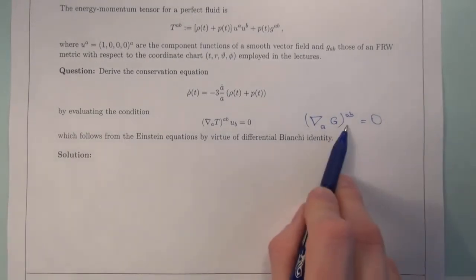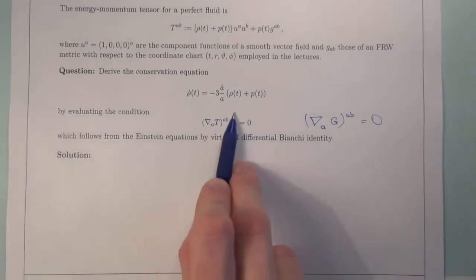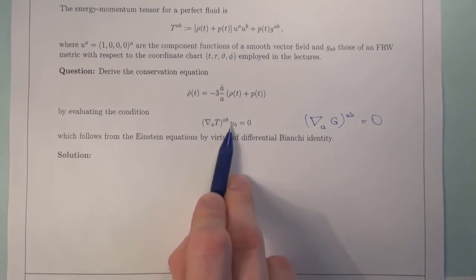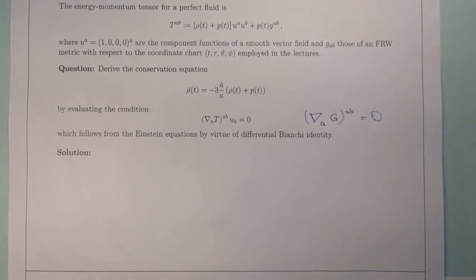And if this holds and the Einstein equations hold, then this holds without the U_B here, but adding the U_B will change nothing. But this will just make it a little easier for us to derive this.